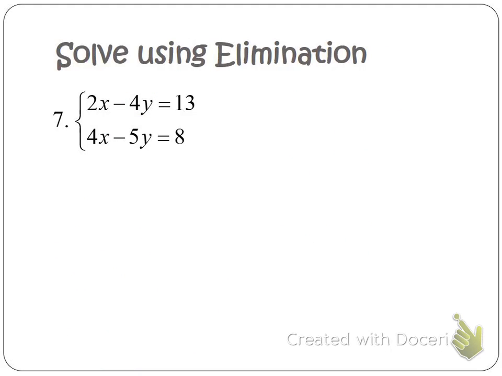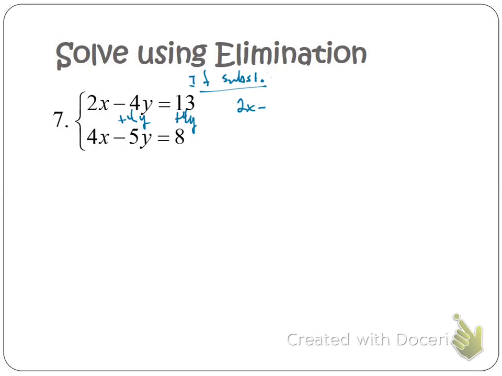Now, number 7. You don't have either one of your equations set up with one of the variables solved for. If you wanted to use substitution here, you're well within your right, but I think it's going to be harder here. You could still do it. You'd have to solve one of the equations for one of the variables.